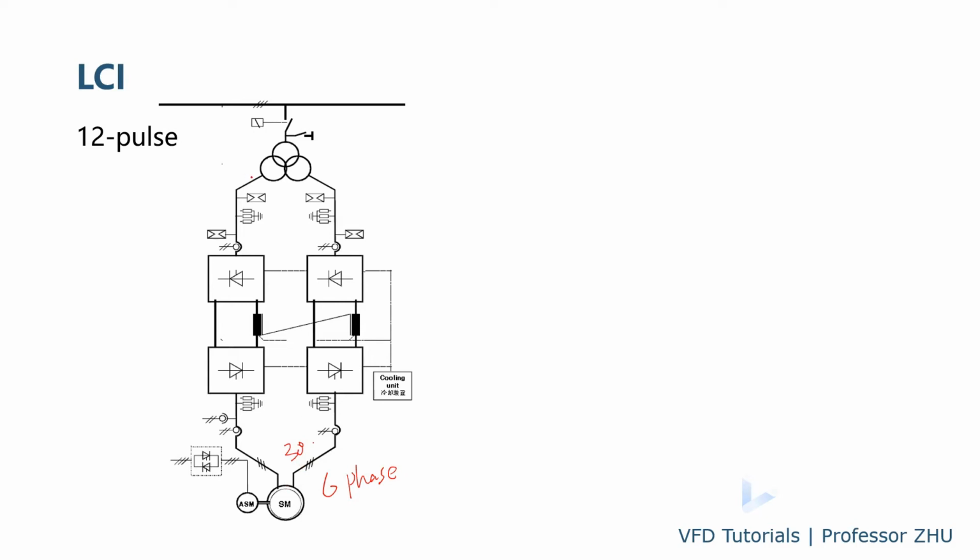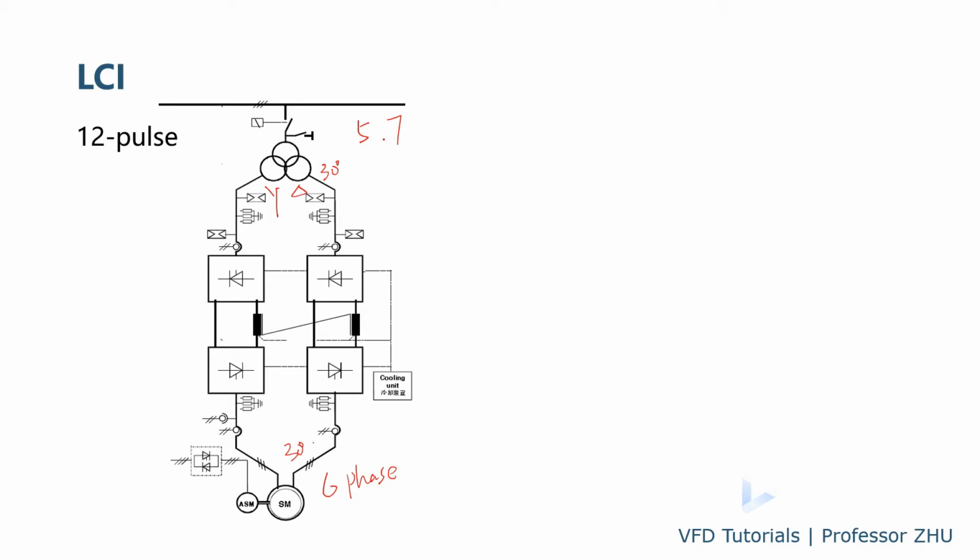And on the line side, you will use a 3-winding transformer. The secondary windings of the transformer will be one with Y and another with delta, with a 30-degree phase shift. So a lot of harmonics will be cancelled by this kind of multi-pulse rectifier, like the fifth and seventh order harmonics. The majority of those harmonics will be cancelled.